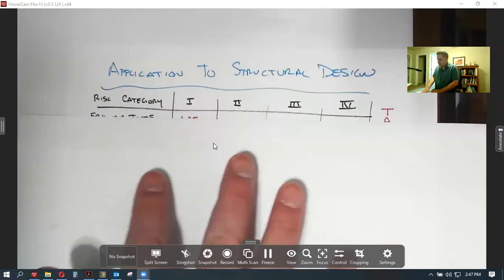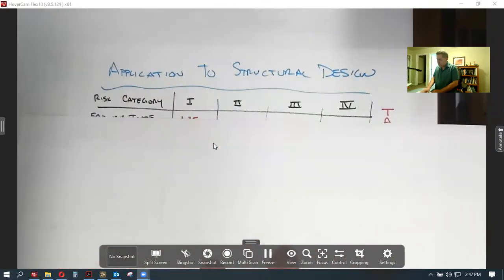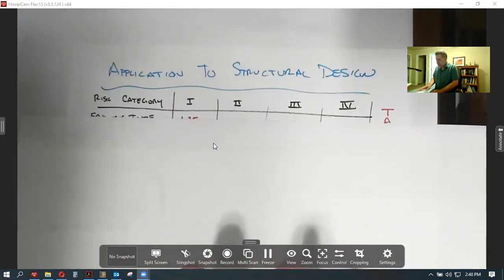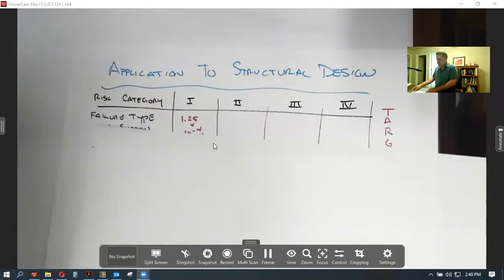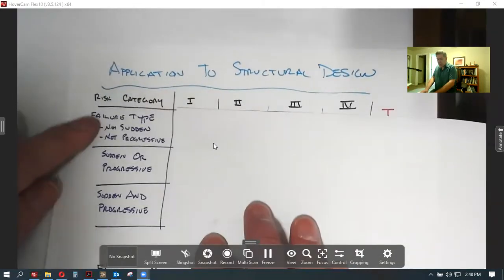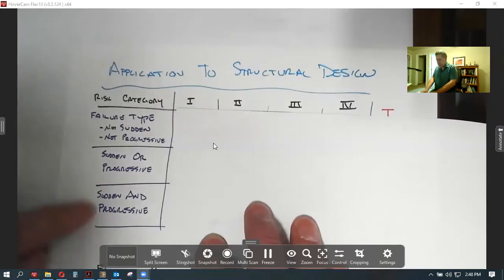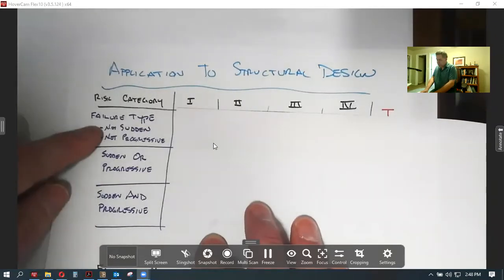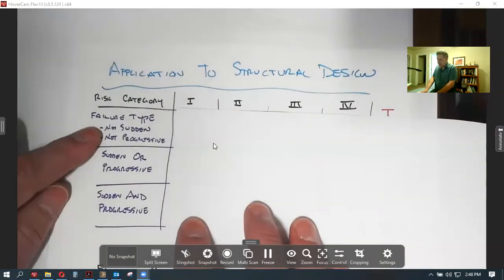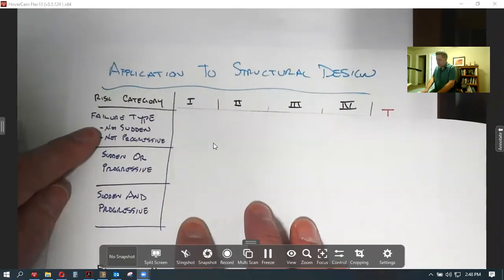Right now, the diagram I'm about to show you is one that's got lots of numbers. I'm only going to show you the selected ones. The idea here is that we're going to look at 3 different types of failures. We've got the least bad type of failure, more of your yield type failure, where things are not sudden. You have a warning of impending doom, and you don't have this widespread or progressive damage effect.